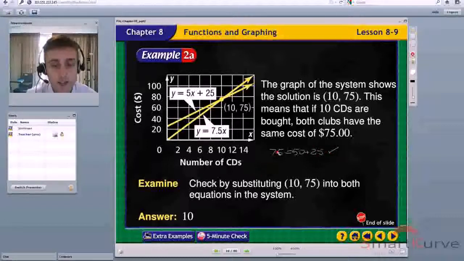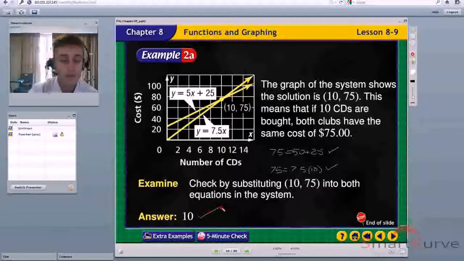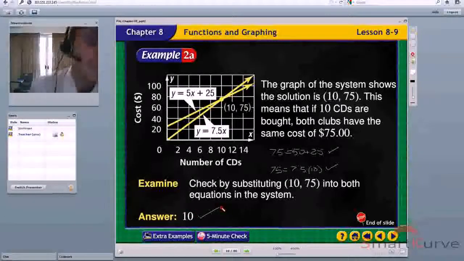That is correct. And for the second, 75 equals 7.5 times 10. That is also correct. So we know that the answer is 10. The number of CDs would have to be 10 for the clubs to cost the same.